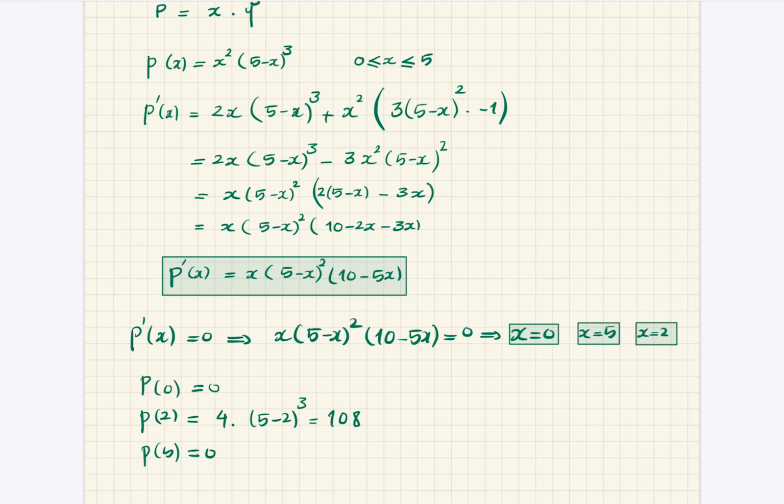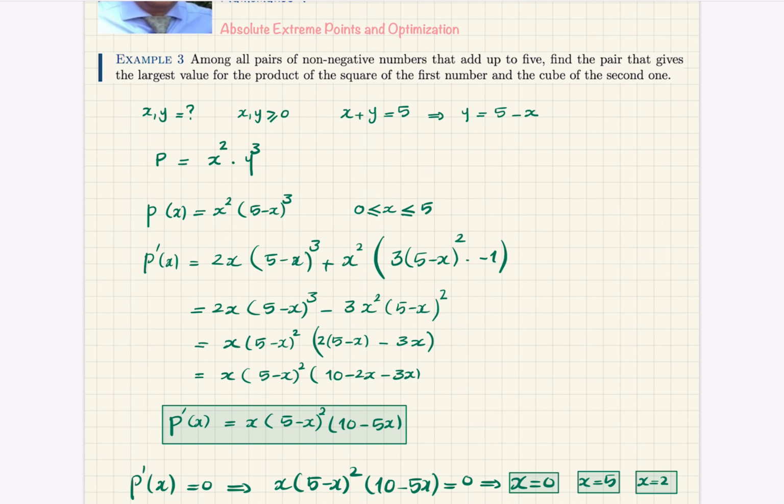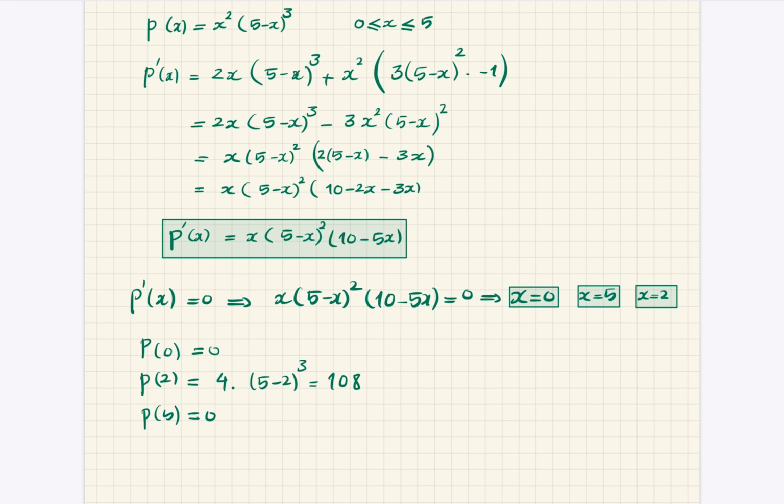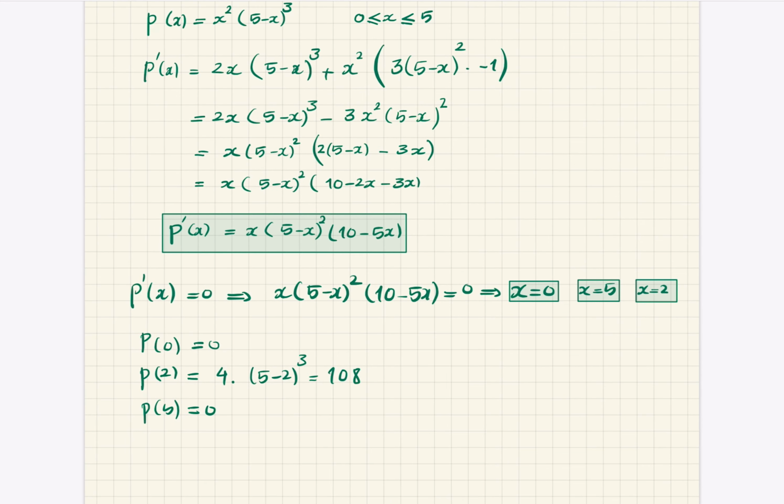So yeah, the maximum value for the target function is actually 108, but this is not wanted in the problem. My problem is to find the pair that gives this. So it means that the question is not finding the maximum value, it is finding how this maximum can be achieved. So x should be equal to 2.